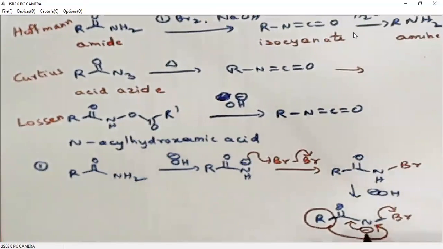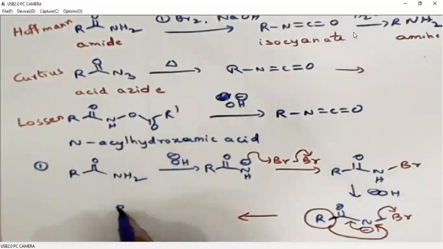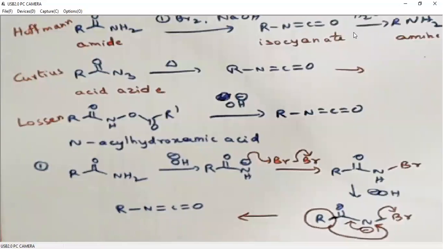So R is migrated to nitrogen. Nitrogen, there was a single bond previously, now it is generating a double bond. Of course, C double bond O. This is called isocyanate, with loss of Br minus. So this is the mechanism for Hofmann rearrangement.